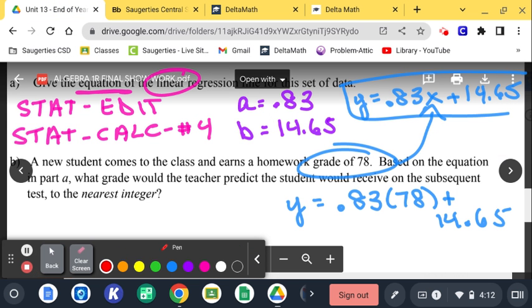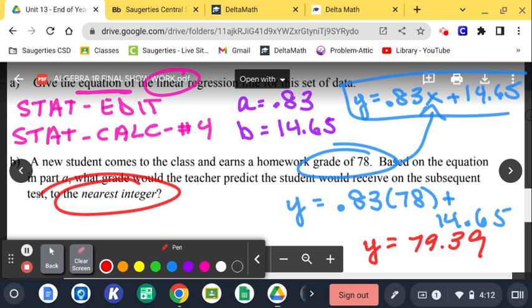So you could guess this person would get about 79.39. Now here, you have to round to the nearest integer. That's a whole number. So they would get about a 79.